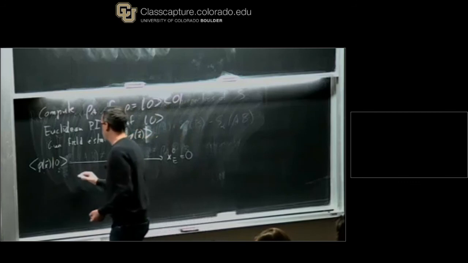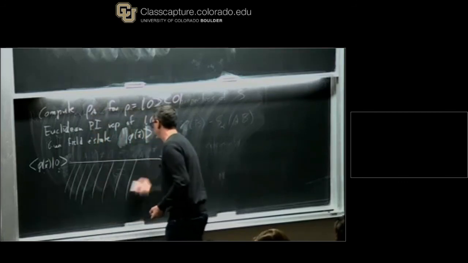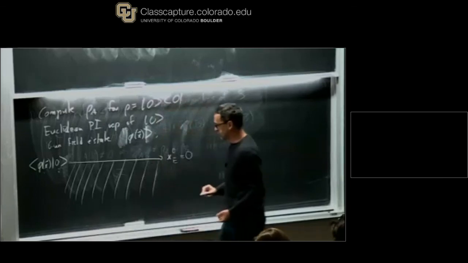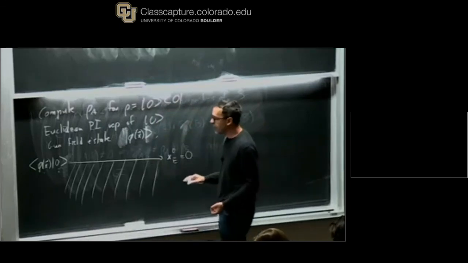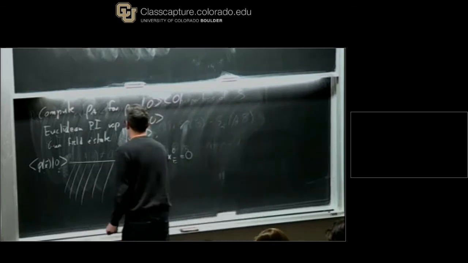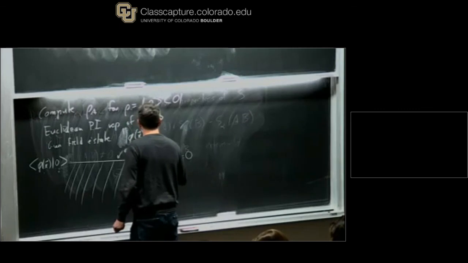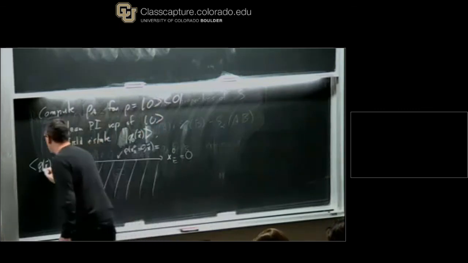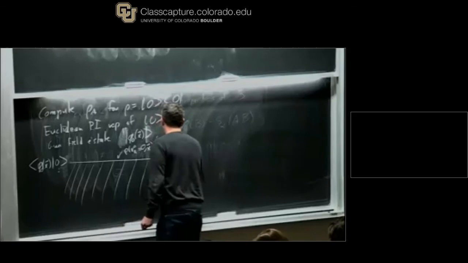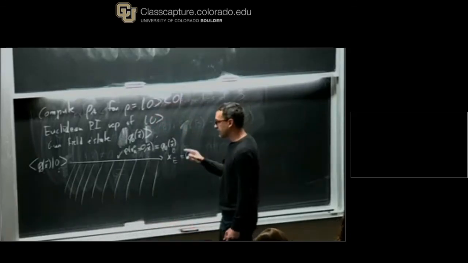And I compute it by doing a path integral on this half space, half Euclidean space-time. And I put as a boundary condition that phi at x naught Euclidean equals 0, let me call this phi naught, equals phi naught of x.